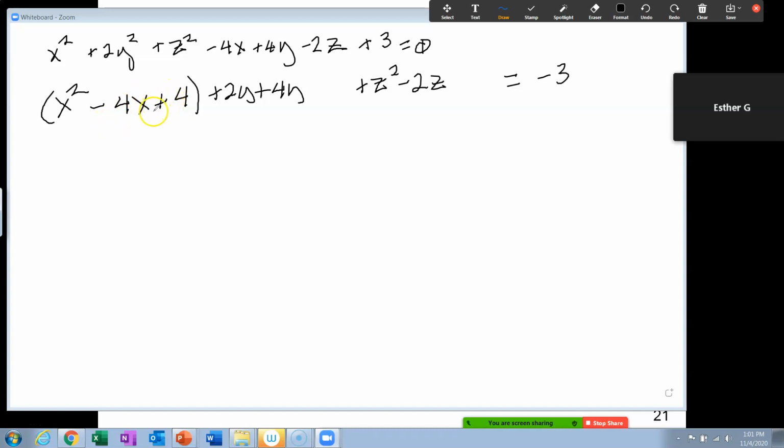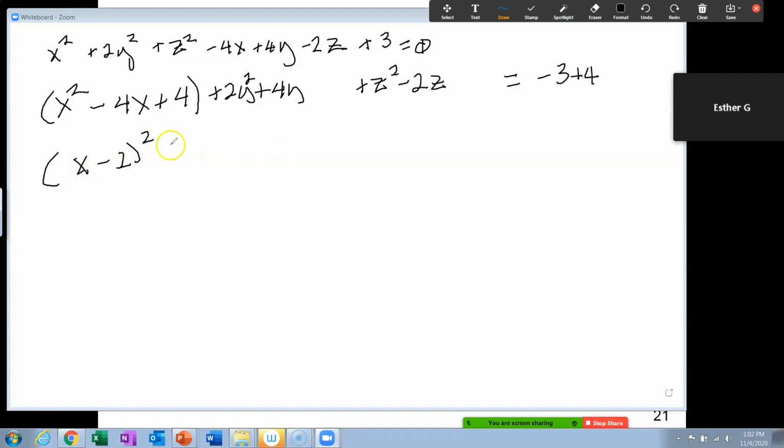I've just changed the problem. I added 4 here, so I better add a 4 over here as well. Now it's balanced again. As soon as you take half of that b term, that gives you x minus 2 squared.